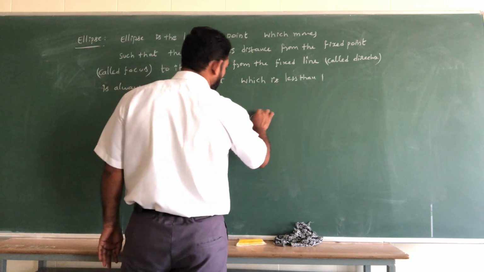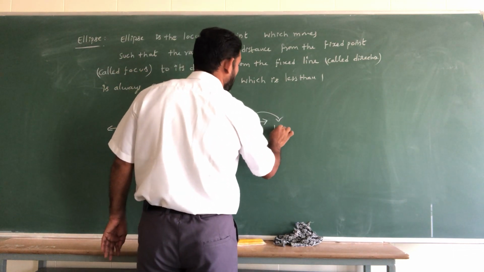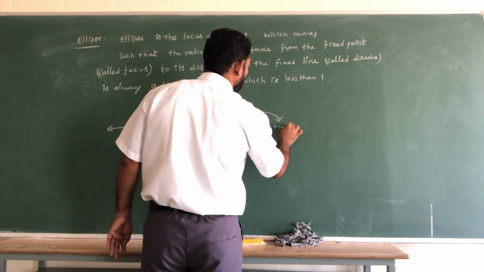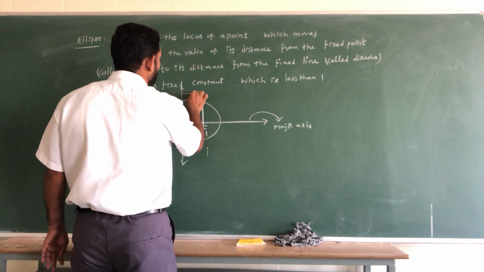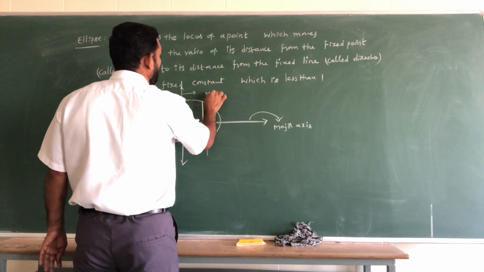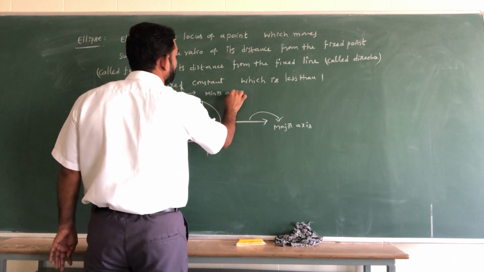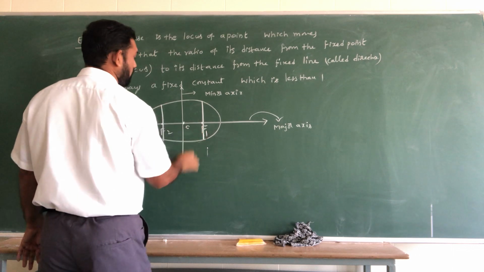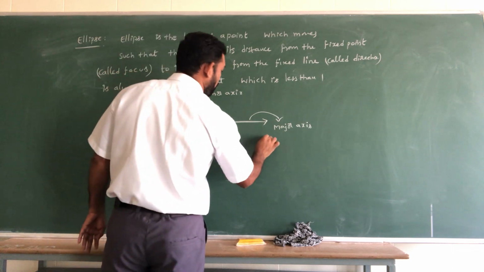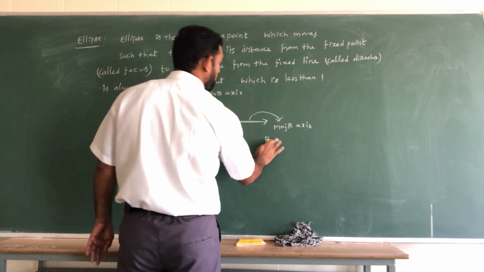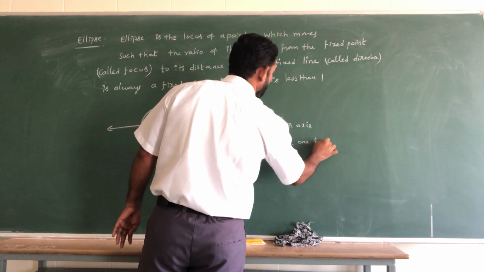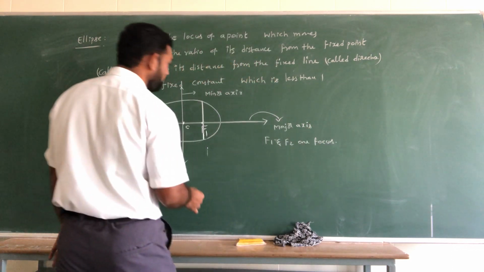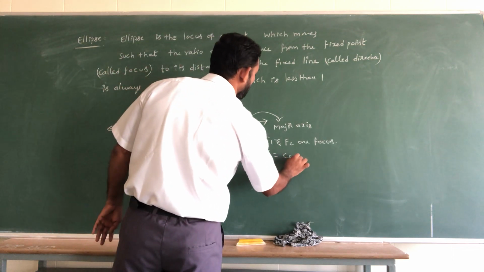This is called the major axis. This is called the minor axis. F1, F2 are the foci. C is the center.